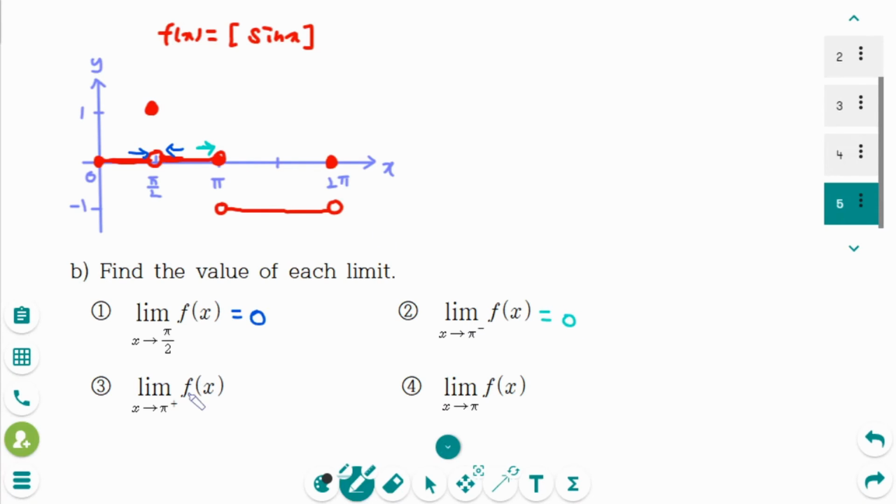And then number 3, limit as x approaches pi from the right side, then graph goes here, minus 1. Number 4, since the answers in part 2 and part 3 are not equal, the answer does not exist.